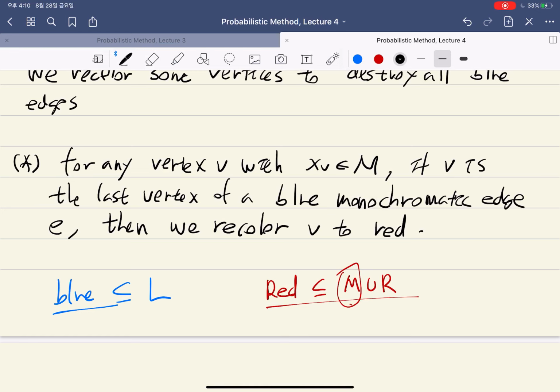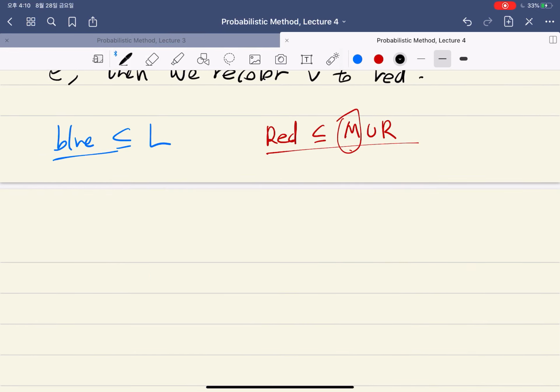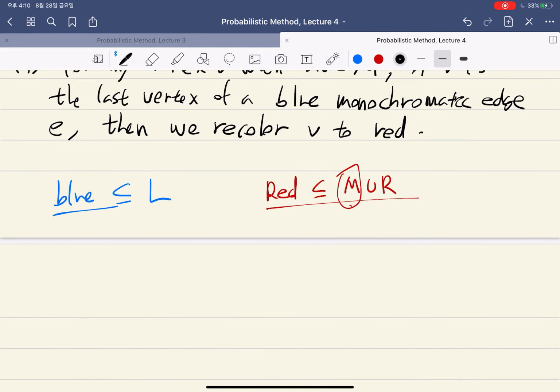But we also have the original red monochromatic edges, which it is likely that we can avoid. So we have to consider these 3 types of monochromatic edges and then show that we can actually avoid them.